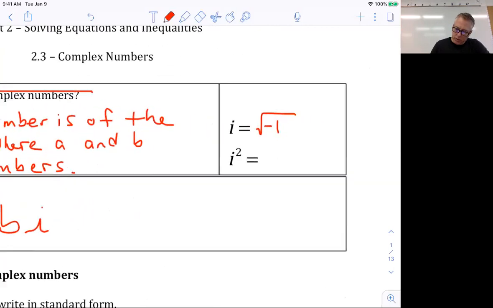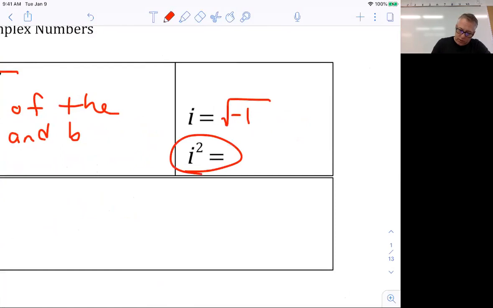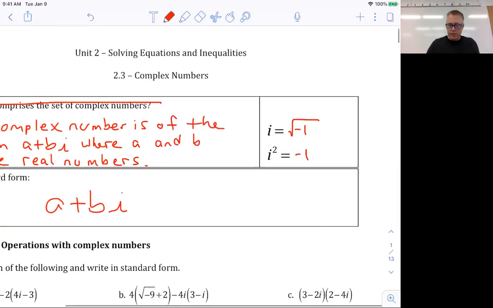So using a little algebra, if we were to square both sides of that equation, the left side becomes i squared, and the square root of -1 squared becomes -1. So i squared is -1. So these two rules are ultra important. Okay, that i is the square root of -1, and that i squared equals -1.